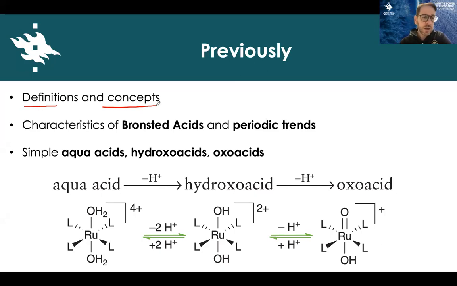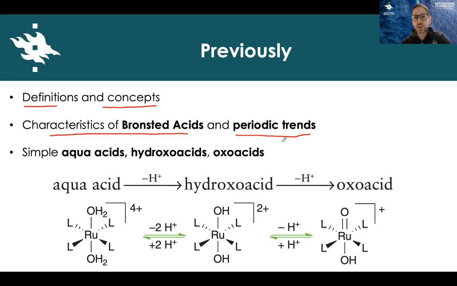acids and bases. In addition to these definitions and concepts, we talked about some of the important features of Bronsted acids and some of the periodic trends regarding the strength, or the acidity or basicity, of Bronsted acids and bases.